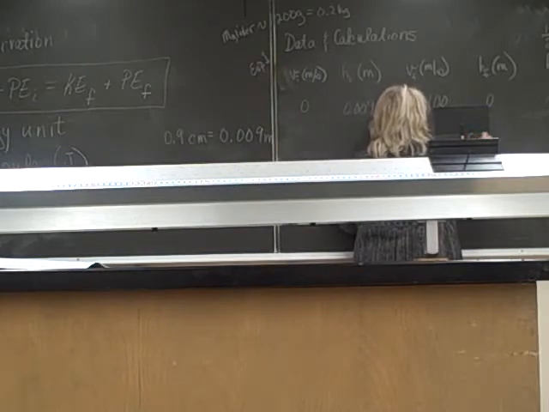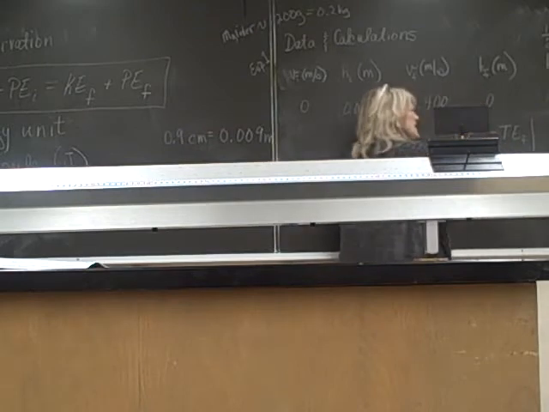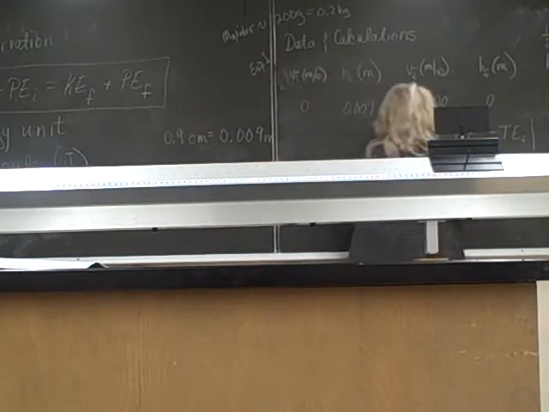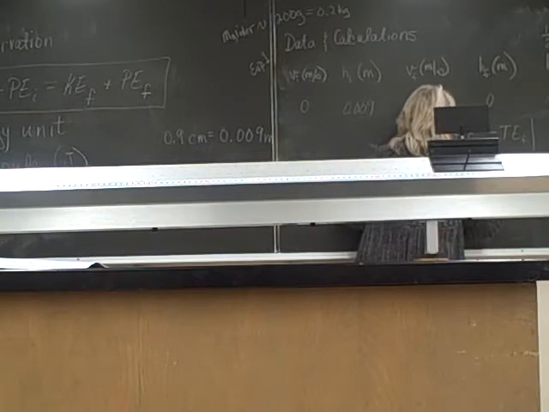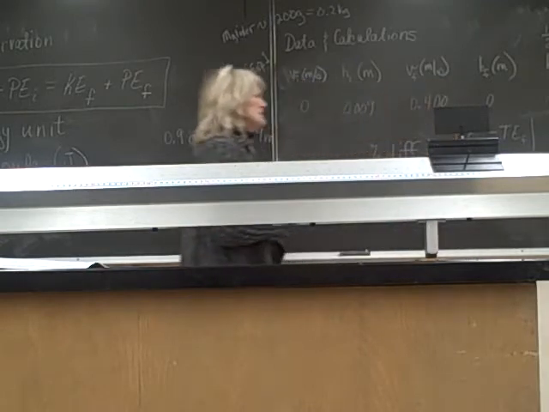Total energy initial minus total energy final, the absolute value of those, divided by total energy initial plus total energy final divided by 2. Okay, that's the average of them.